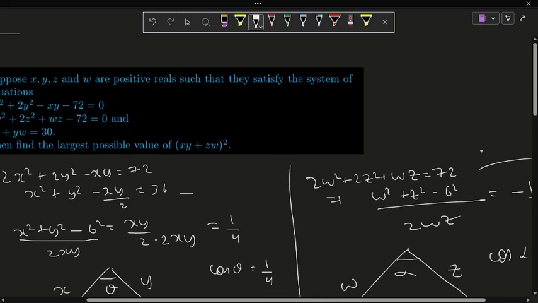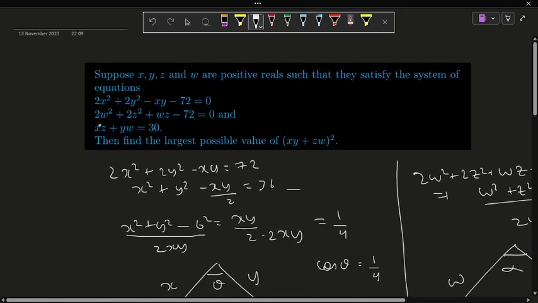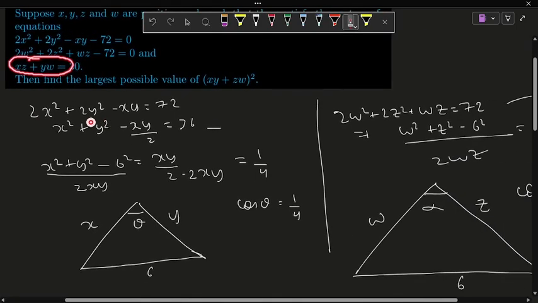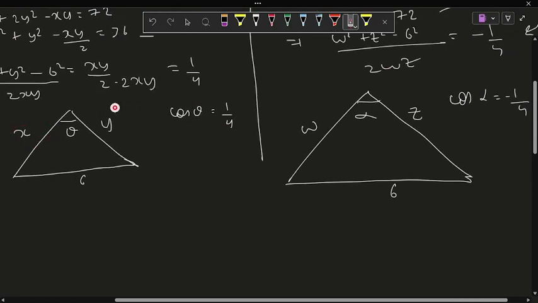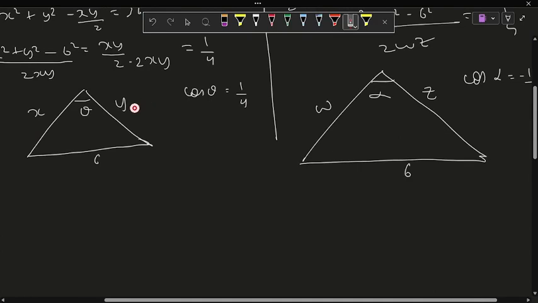So we have utilized these two equations, and then we are just left to think upon this particular equation, which actually relates these two equations. We have something related to x into z plus y into w. So how can we connect that? Just see that this side length and this side length are the same.